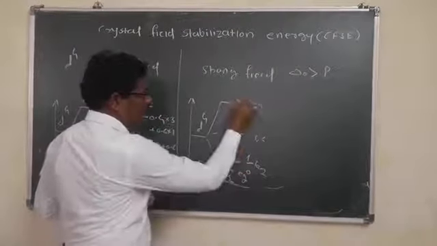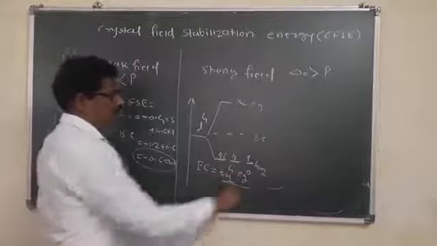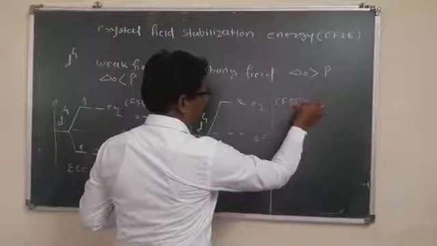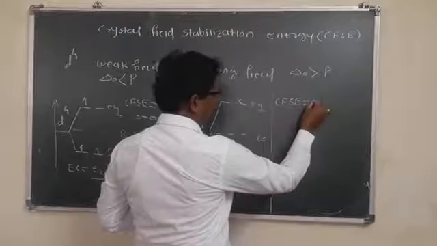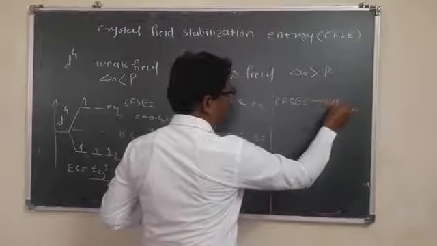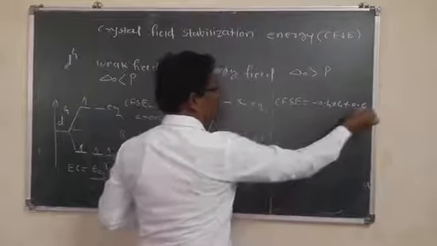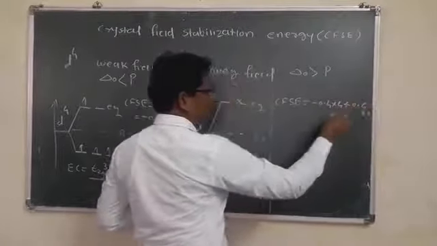There are no electrons in the eg orbitals, and therefore the crystal field stabilization energy is equal to minus 0.4 into 4 plus 0.6 into 0.